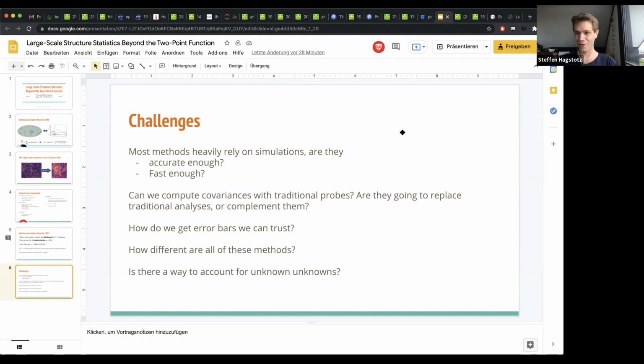I mean, few people want to do that, unless you go to the complete, maybe map-based approaches. But if you want to add information to your 2-point statistics, then you need a covariance, and that can be very difficult for a lot of these probes. Yeah, Marika?